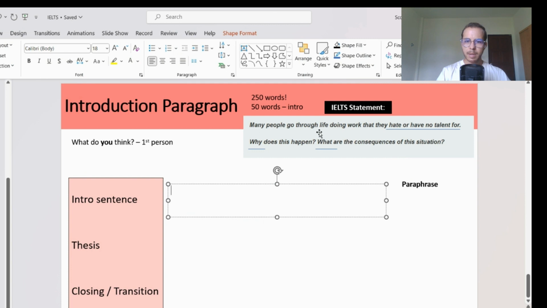Instead of saying many people go through life, I'm going to say nowadays. That just summarizes that people in this social setting. Nowadays, people are often, and instead of saying hate, I'm going to say dissatisfied because I don't like the word hate, it's a bit too strong.